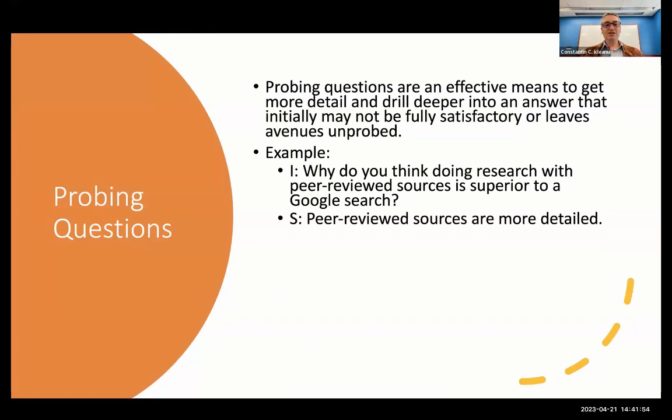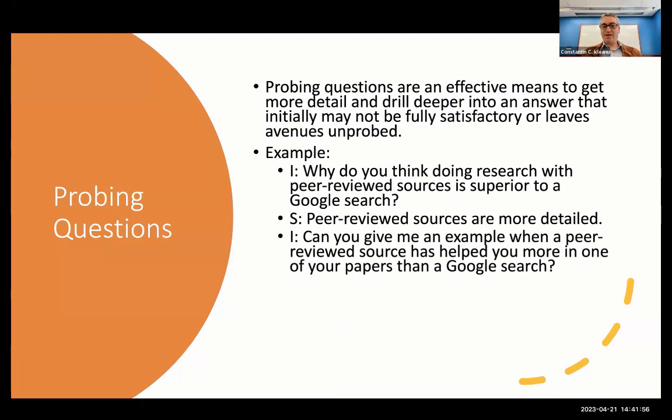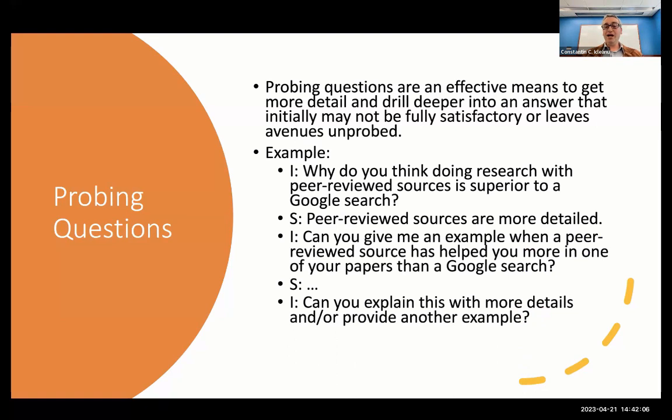It's a fine answer, but you probably want more. Can you give me an example when a peer-reviewed source has helped you more in one of your papers than a Google search? The student answers whatever they answer. You can ask more if you thought that wasn't enough either. Can you explain this with more details or provide another example, right? So this is how you're asking probing questions.